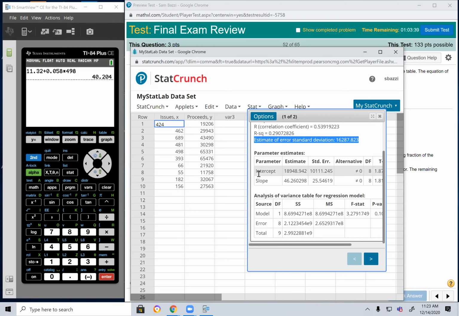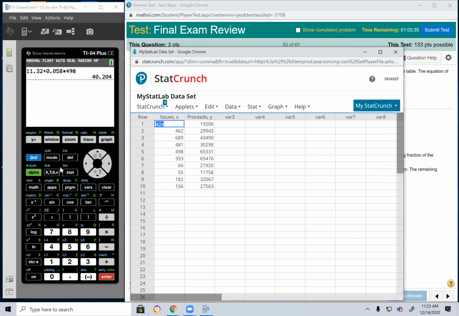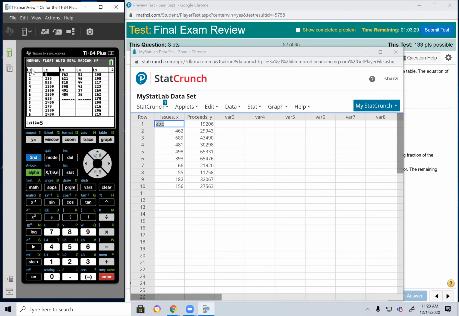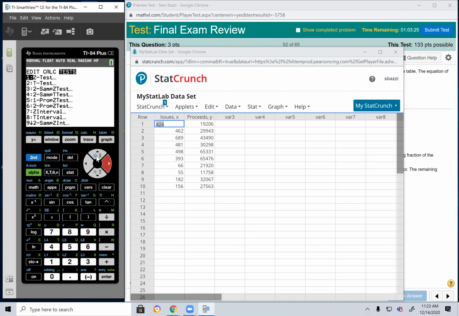It's right here. If you don't use StatCrunch and you are asked to do the standard error of the estimate, here's what you do in the calculator. You go stat edit, you enter the X values in L1 and the Y values in L2, and then you go to stat tests and linear regression t-test, guys. Let's say this is L1, you make it L1, L2, and then you can choose anything here.